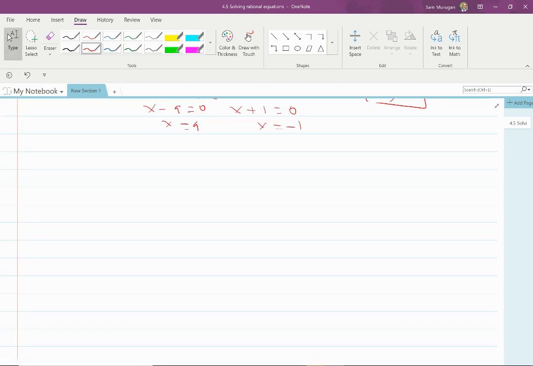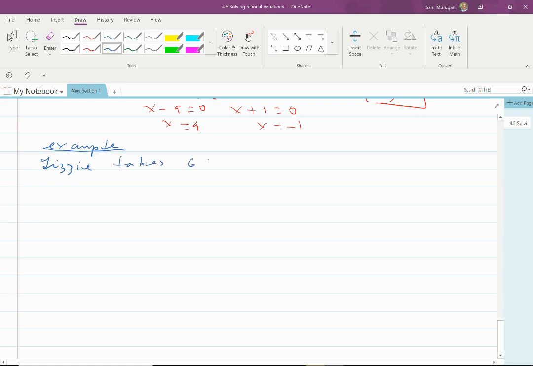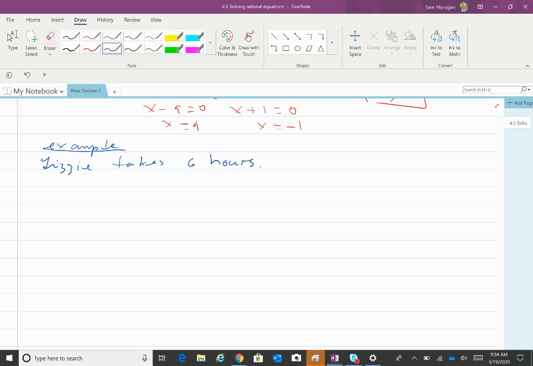Now, how do we apply this? Let's consider an example of how to apply this. Lizzie takes 6 hours to paint a room.